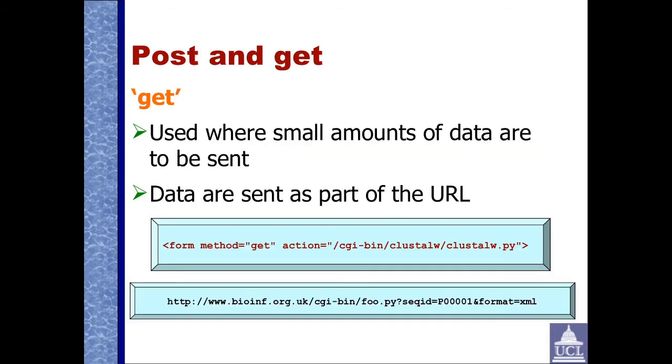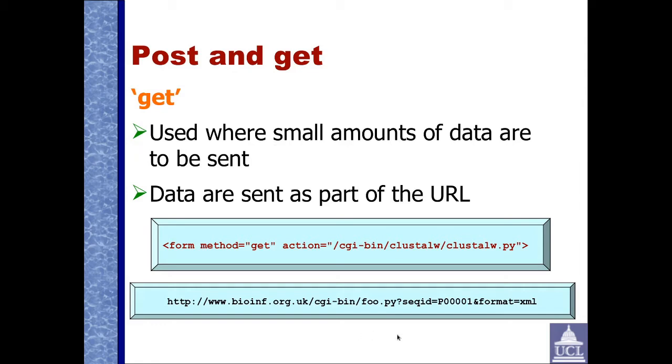Now, I said that there were different methods of sending data to the web server. So there's method equals get and there's method equals post. So get is used where there are small amounts of data to be sent, and the data are actually sent as part of the URL.